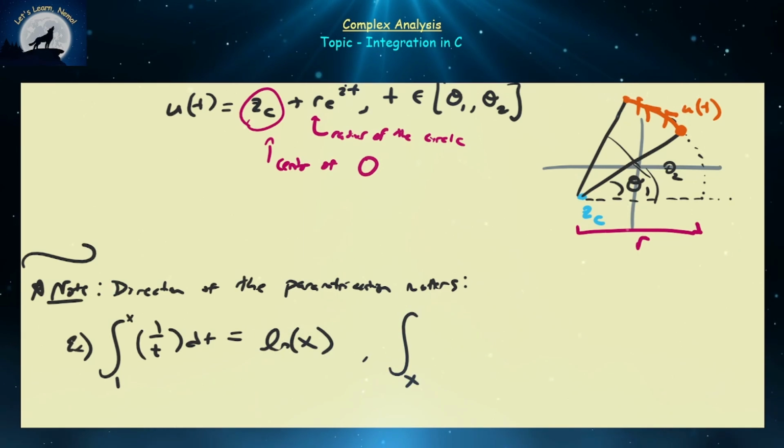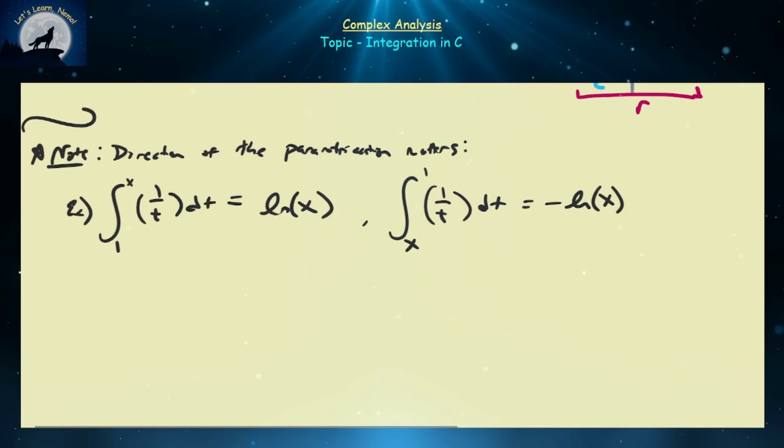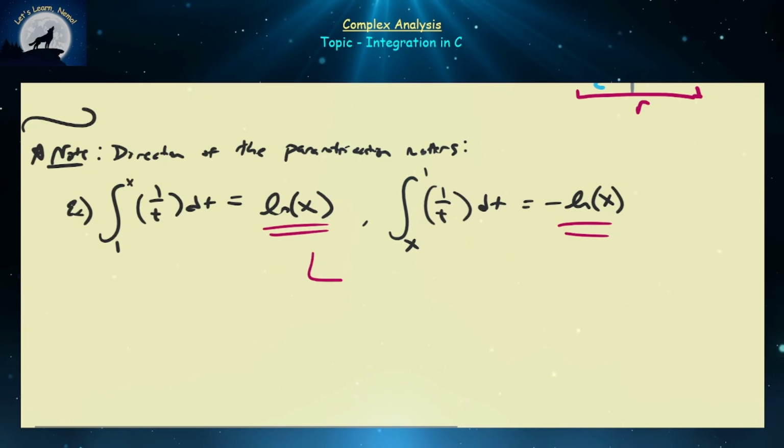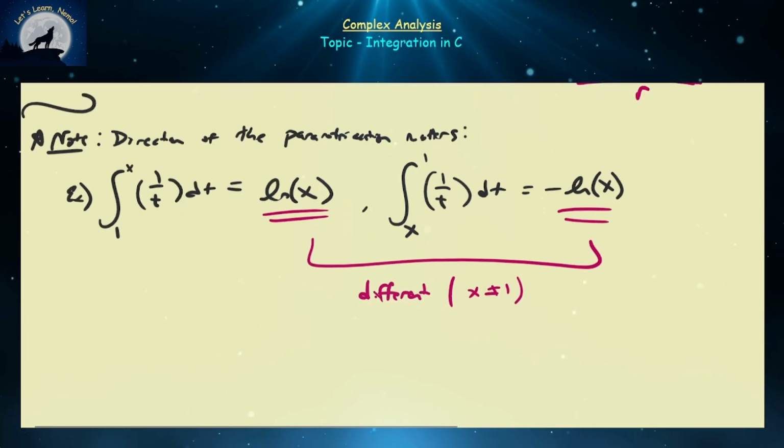And if we integrate from x to 1 of 1 over t dt, that's going to give us negative natural log of x. So they're obviously going to be different values, provided that x is not equal to 1, because then they're both equal to 0. But in general, they're going to give you completely different answers.